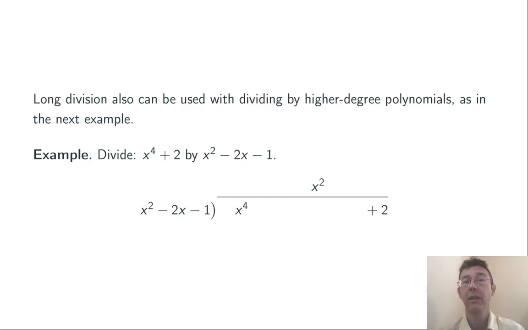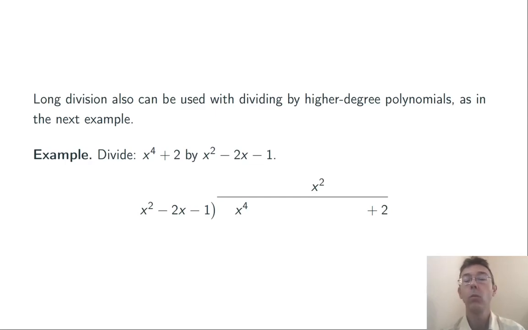Notice I've left a lot of space between the x to the fourth and the plus 2 inside of my division. I'm envisioning this as x to the fourth plus 0x to the third plus 0x squared plus 0x. Again, those exponents on the x's are taking the role of place value, and so I want to respect that place value.